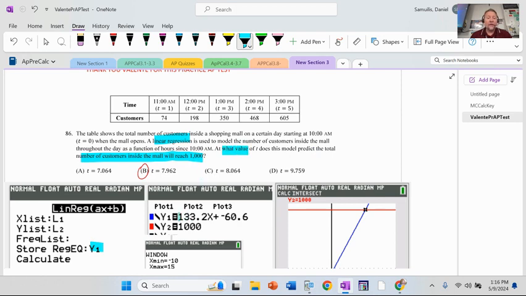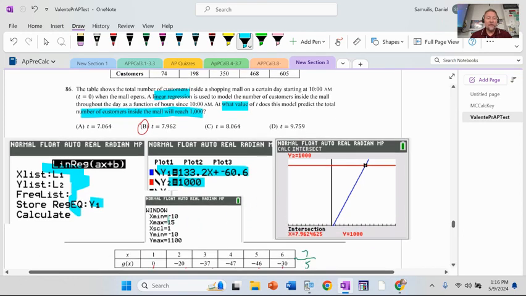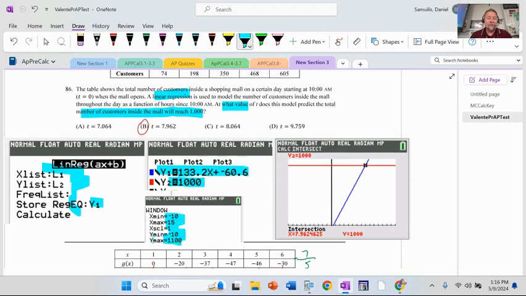So that means you want to get your regression equation, storing it in y1, then put y2 equals 1,000, then make sure your window fits your data. So my y max for sure should be greater than 1,000 just to see the horizontal line.